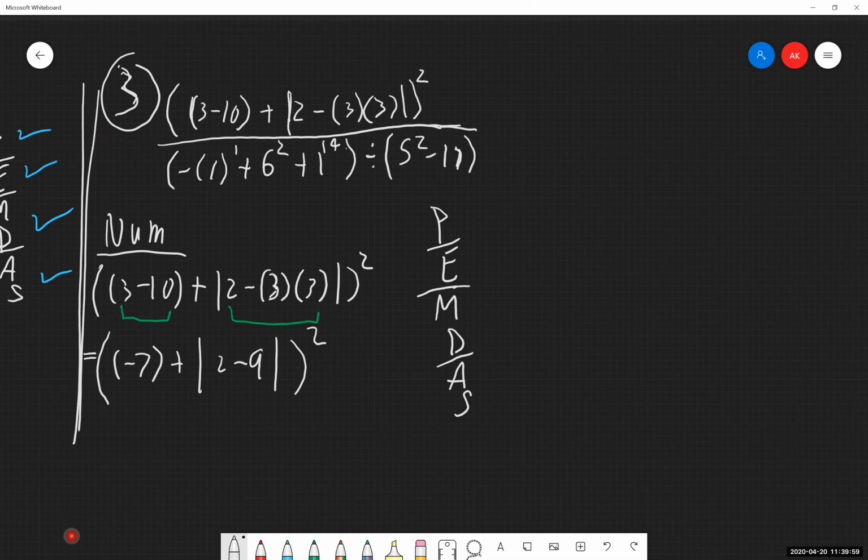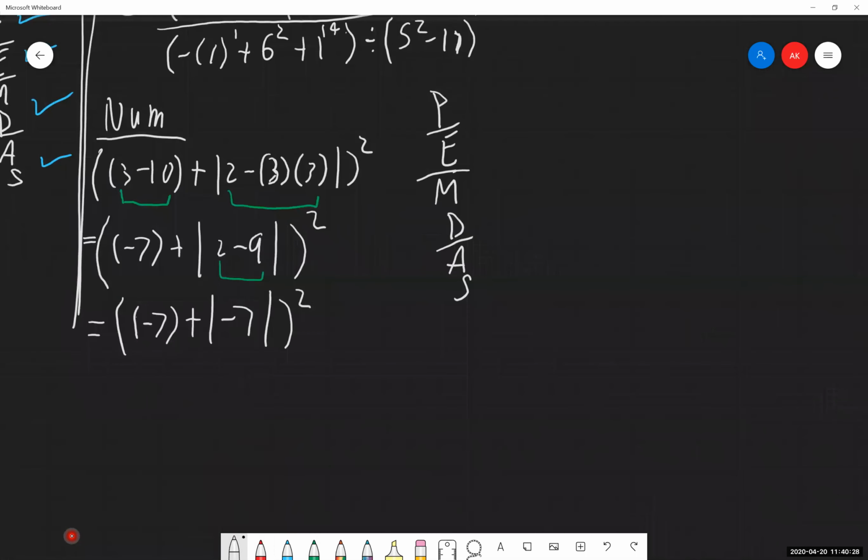So we get that there. I can't do anything else to the negative 7, so it's just going to stay as it is. Plus the absolute value, that's the only thing I'm working with now. 2 minus 9 is going to give me a negative 7. And all that raised to the second power.